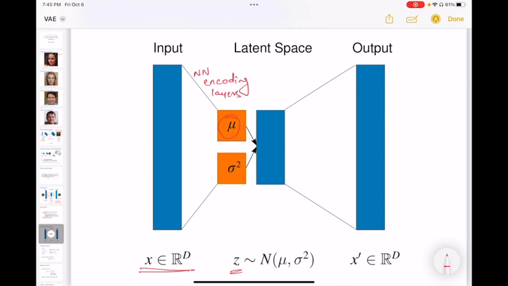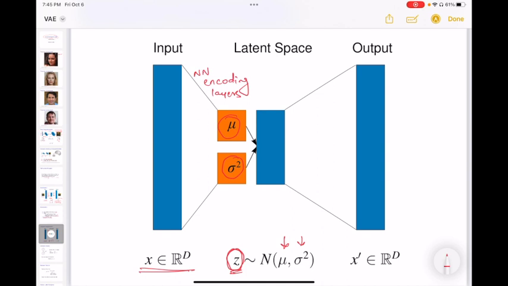to extract two values from this data, the mean and the standard deviation, and then using that mean and the standard deviation, we sample a value Z, which is then considered the latent code of this image, of this data X, right?